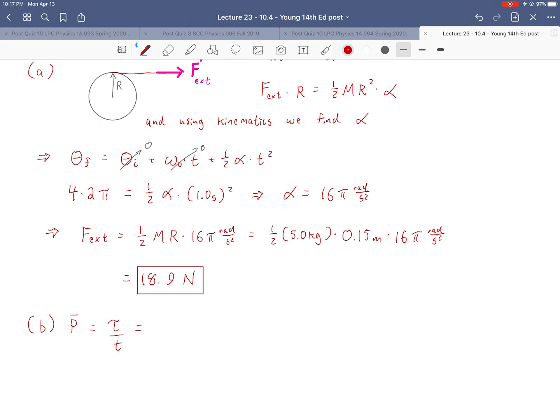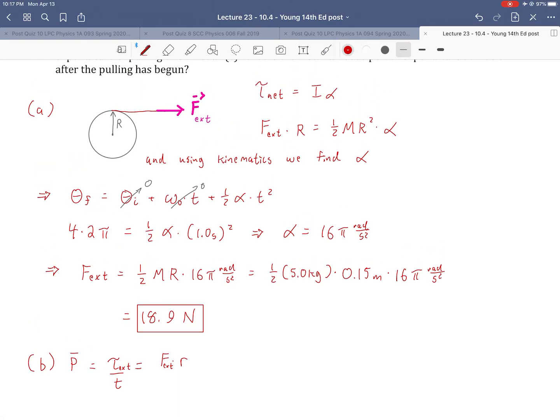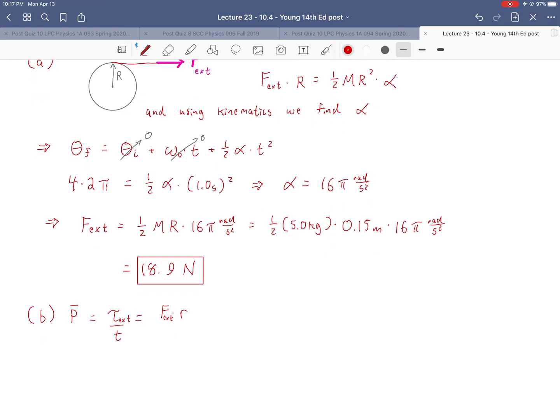Yep, it's just overthinking it. But yep, so that was just going to be force times radius, because that of course is our torque. And let's give a subscript here, make sure we're all talking about the same torque. All right, and here, torque net, which is just force external. Good, okay. And that's still going to be divided by the time, okay?